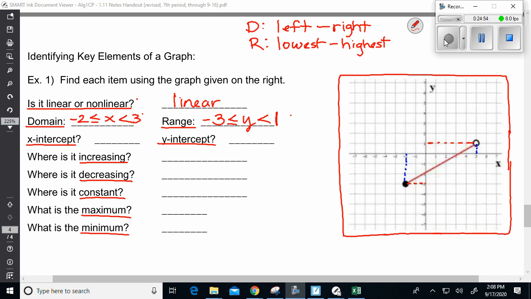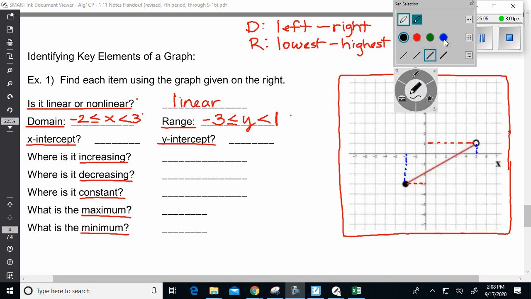So, next 2 parts. X-intercept and y-intercept. So the x-intercept means you go to the x-axis, which I just colored in pink, and you identify where the graph touches the x-axis.